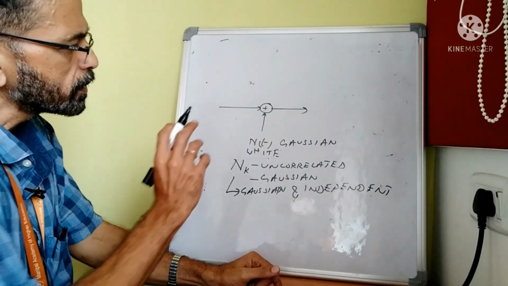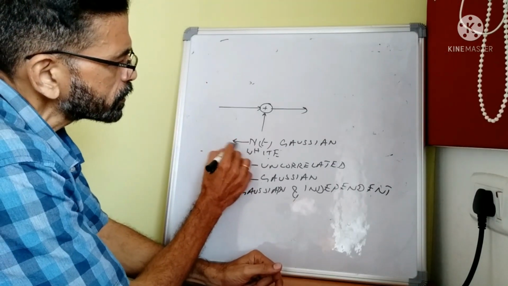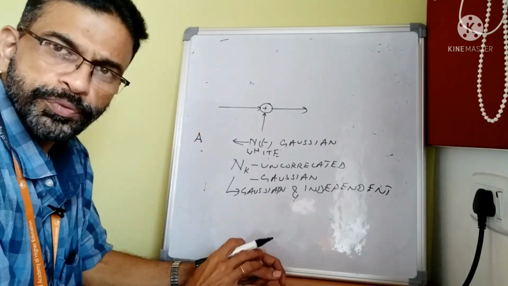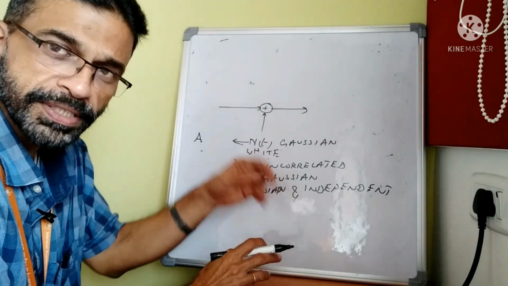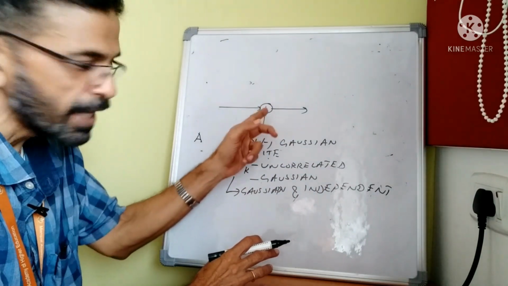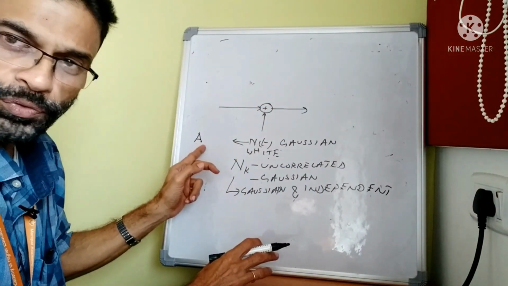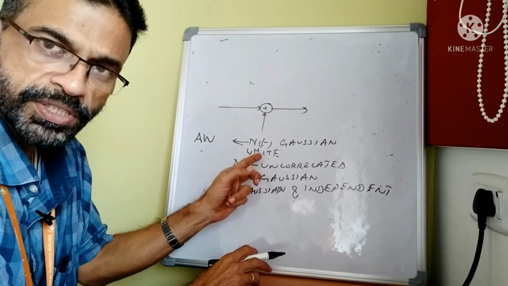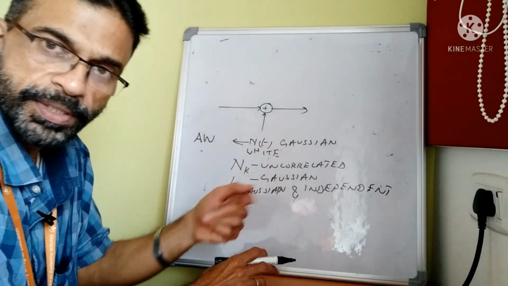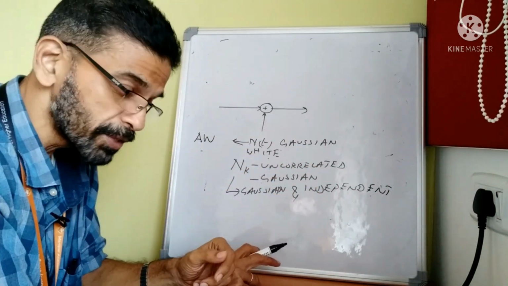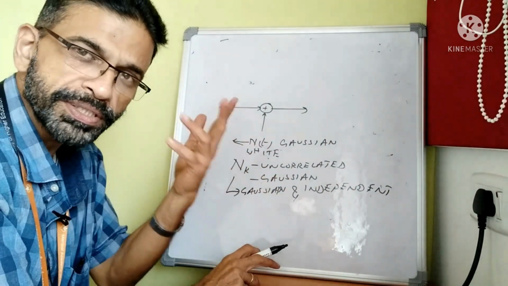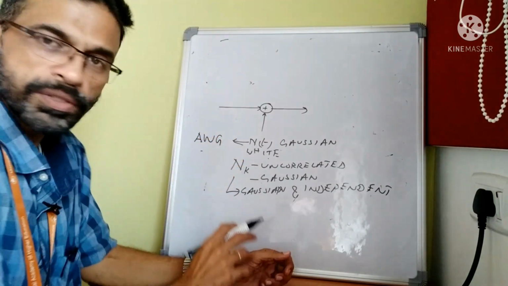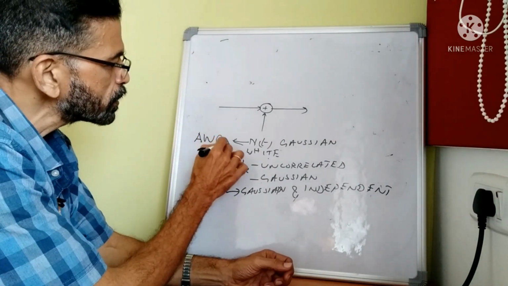And now we can call this noise process additive because it is getting added to the signal. It doesn't get multiplied with the signal. It is getting added with the transmitted signal. So additive, white because its power spectral density is flat, or the same thing can be put in other words by saying that its autocorrelation is an impulse, and Gaussian: additive white Gaussian noise.